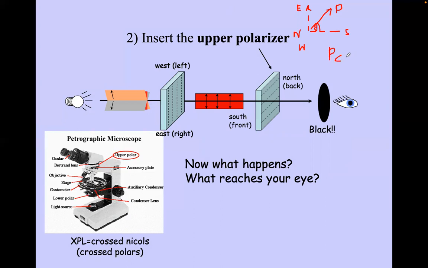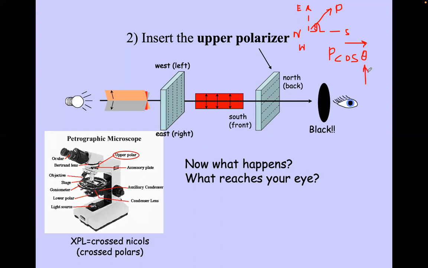It's difficult for me to write here. P cos theta. So that means there will be some component along this direction. Similarly, there will be another component along this direction, that we call P sine theta.